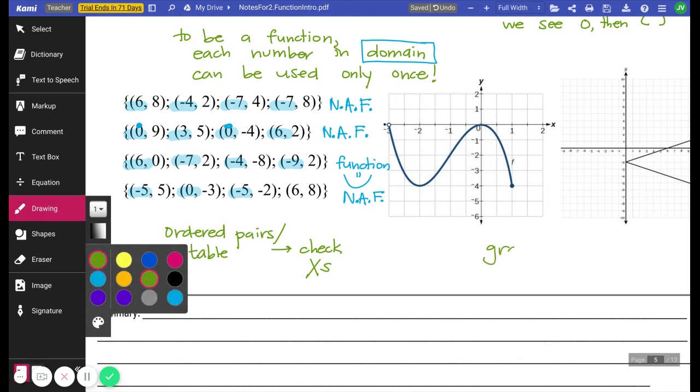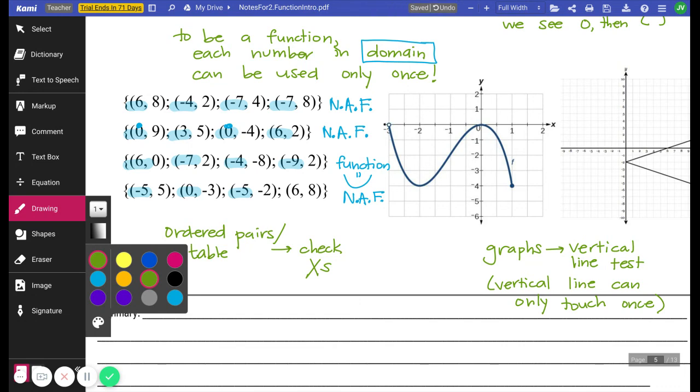Sometimes we'll be given graphs. Graphs, we use what's called the vertical line test. Okay. Vertical line test, kind of like your driver's test.